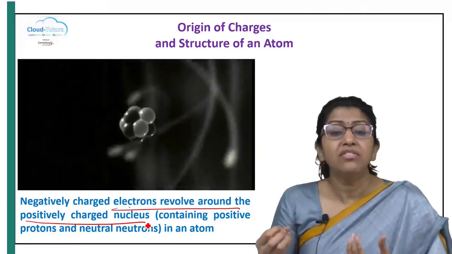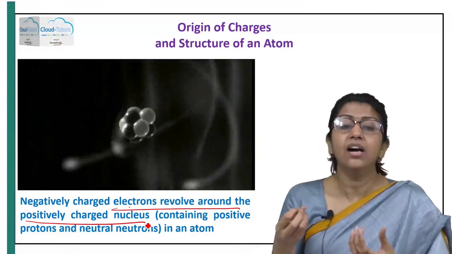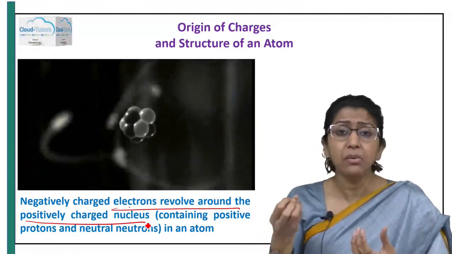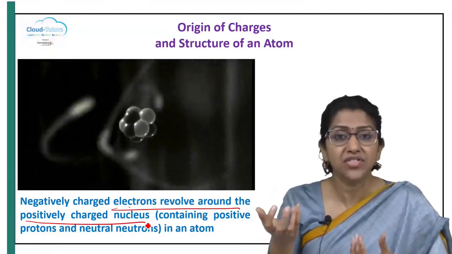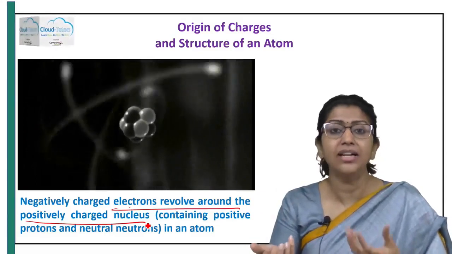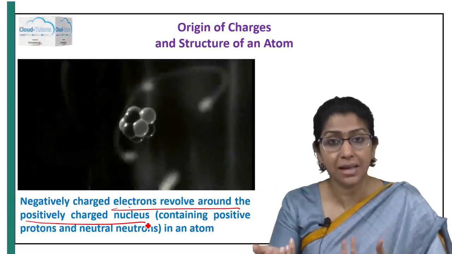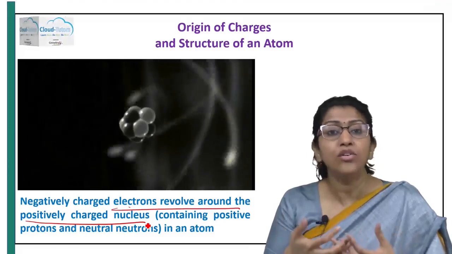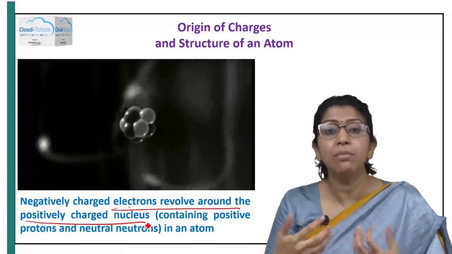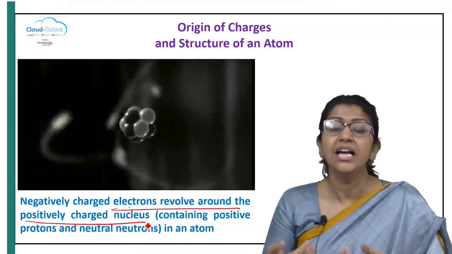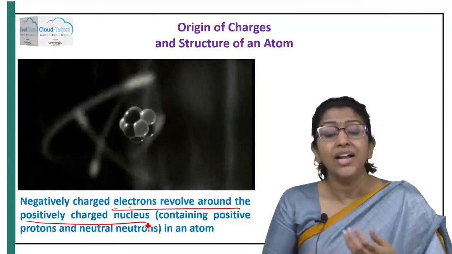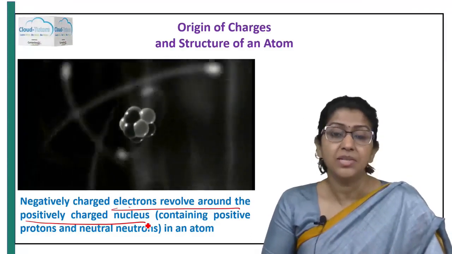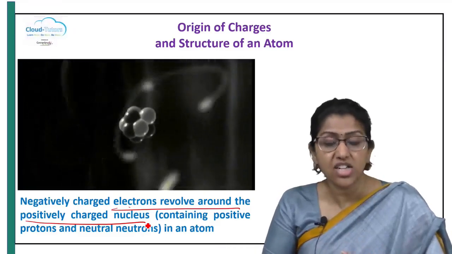When we remove a free electron from an atom, the amount of negative charge comes down and the amount of positive charge remains the same. But as an atom, it now holds more positive charge and becomes a positive ion, which is called a cation. Now, what happens when an atom becomes an anion, which is a negatively charged atom?